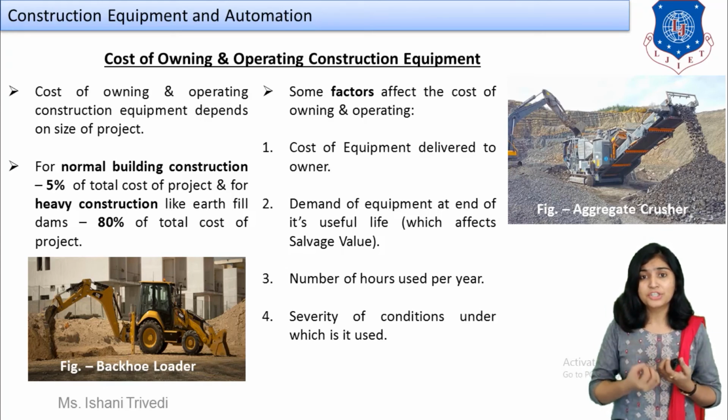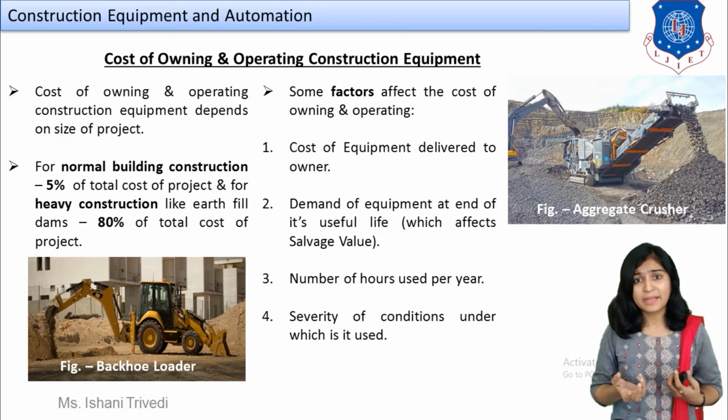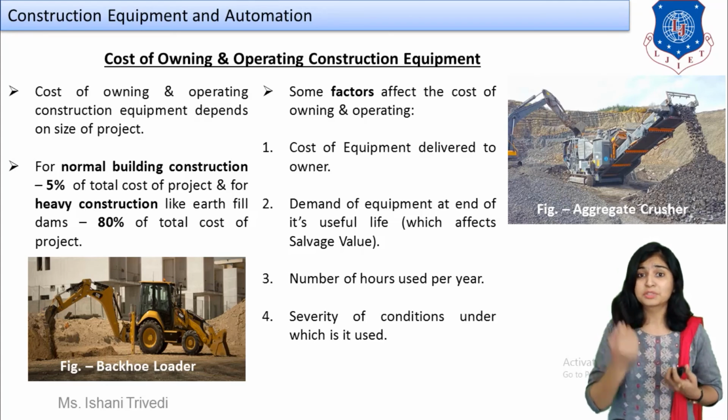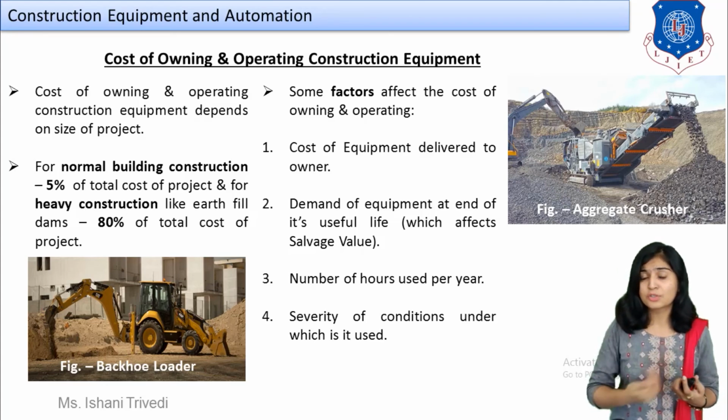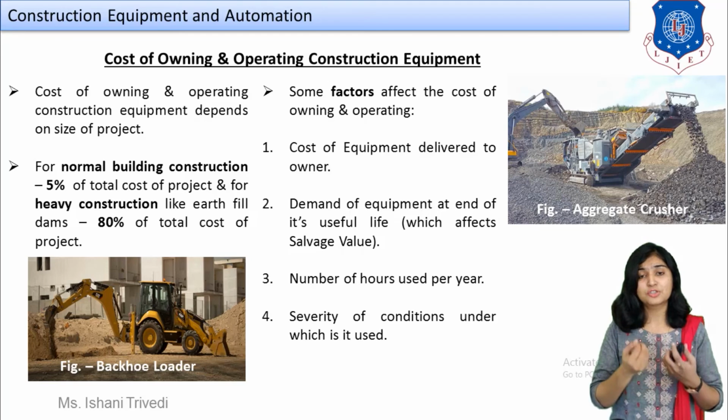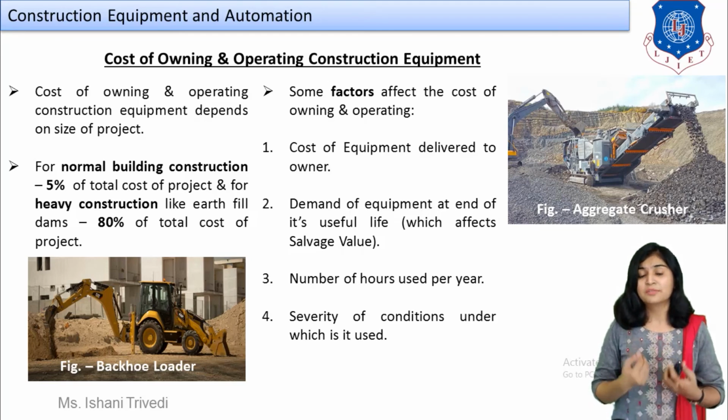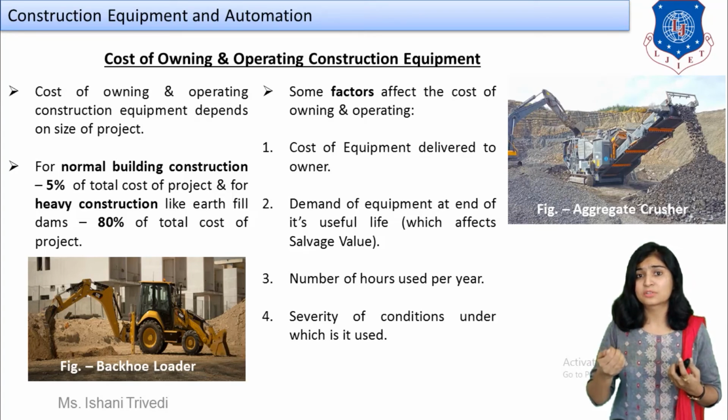The equipment is going to need maintenance, it is going to need repairs. Sometimes it completely breaks down. Sometimes you have to replace it. There are lots of factors to be considered once you have owned the equipment. Once you have bought the equipment, you are going to talk about various costs that will be categorized as cost of operating. So together it is cost of owning and operating equipment.